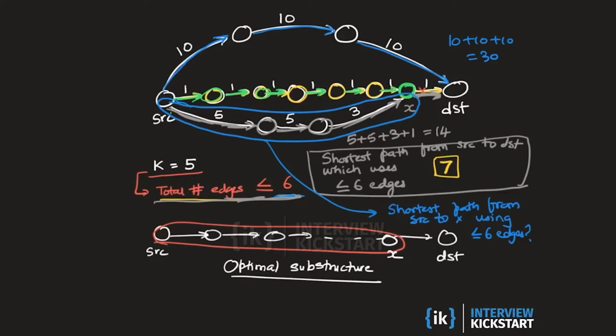So because there is no optimal substructure in that sense, we can't assume that the shortest path from the source to the destination satisfying the constraint can be built out by using the solutions to smaller subproblems corresponding to prefixes of the original problem. And the graph we have here illustrates that perfectly.